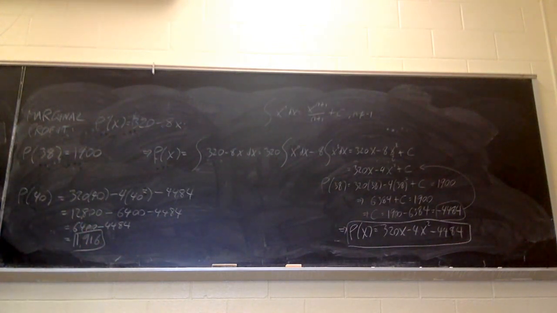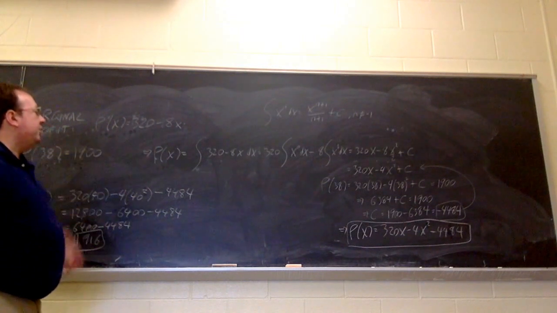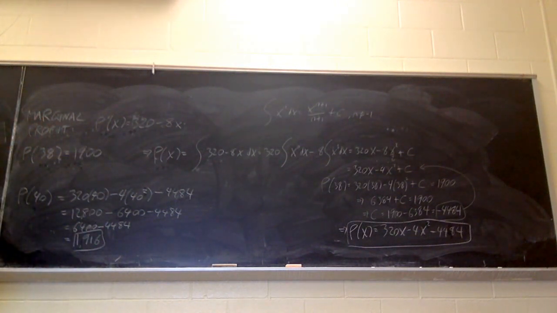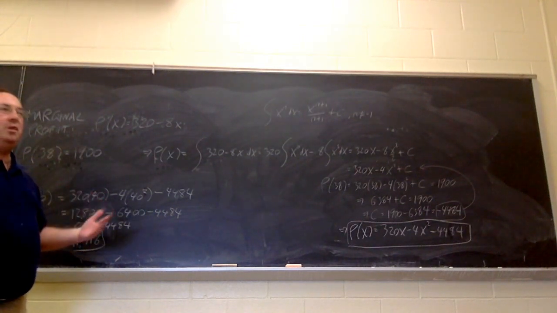It's interesting that we get $1,900 profit for 38 units, then I make 2 units more, and the profit increases by only $16. That seems surprisingly low. But when we think about the marginal profit, if I substitute in x equals 40, 8 times 40 is 320. At 40 units, the marginal profit is actually 0.